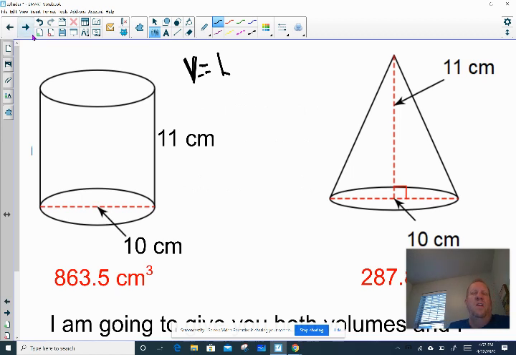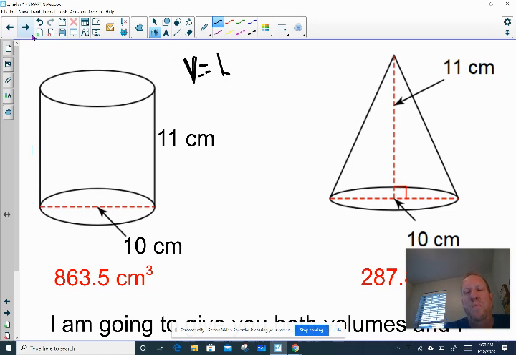So in our cylinder, I've given you two examples. I have a cylinder that has a 10 centimeter diameter. Remember, radius is only halfway across. So if you see an indication of all the way, you need to divide it by 2 before squaring it.